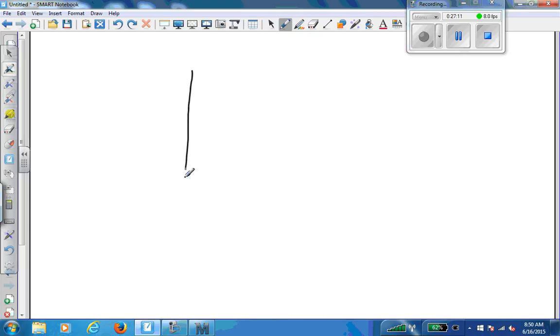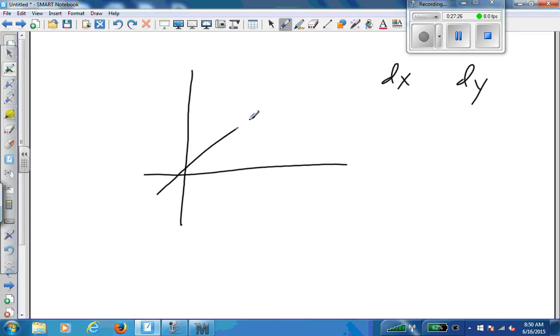Now, let's just look at a picture, and let's decide, do we need to integrate with respect to x, or do we need to integrate with respect to y? And that's going to depend on our sample element. So if we're given this function, or that equation, and then this one, then we need to determine, well, do we need to integrate with respect to x or with respect to y?